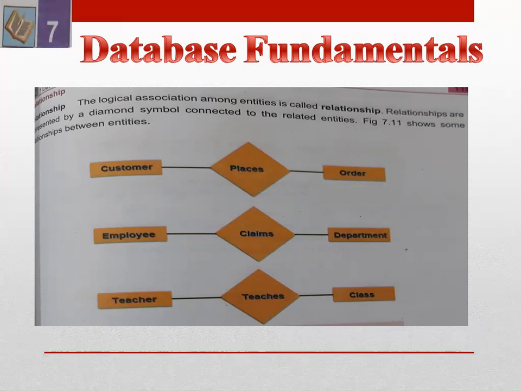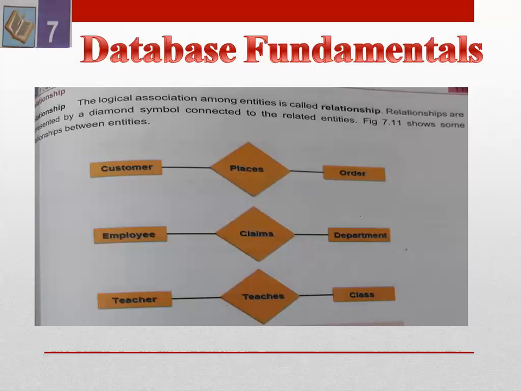Here on your screen, we have three examples. Customer is one entity, order is the second entity, and these are interlinked with the help of the relationship: customer places order. One more example: employee is one entity and department is the second entity. Employee claims department.